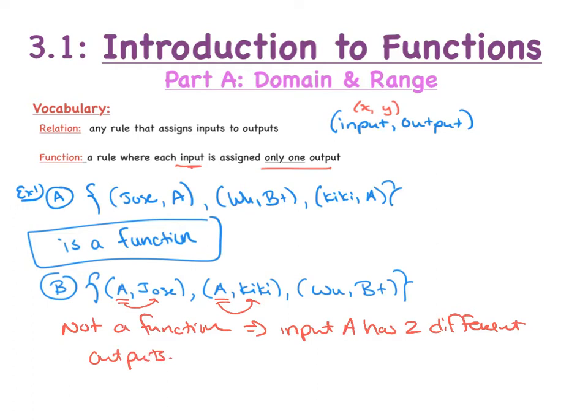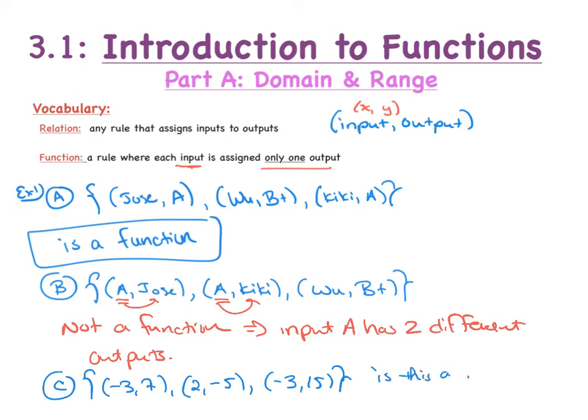Okay, to be honest with you, you're not going to get problems that have grades and people. You're probably going to get a problem like this. (-3, 7), (2, -5), and (-3, 15). And you're going to be asked, is this a function?